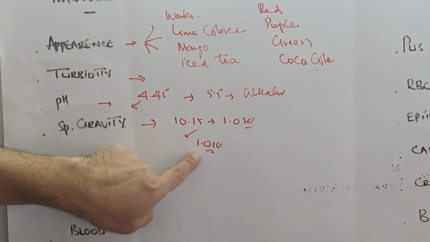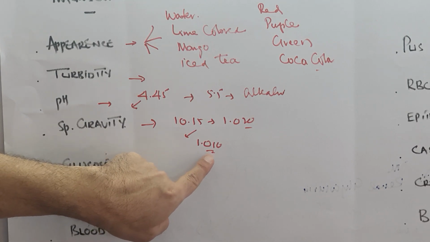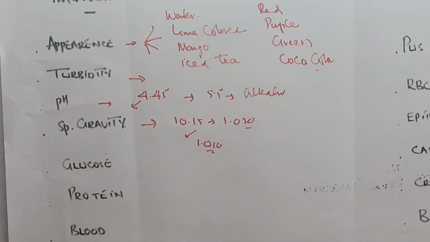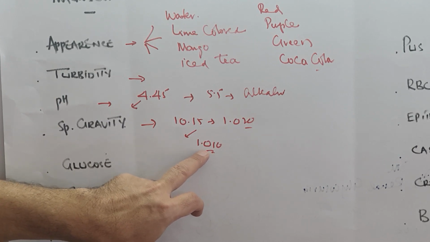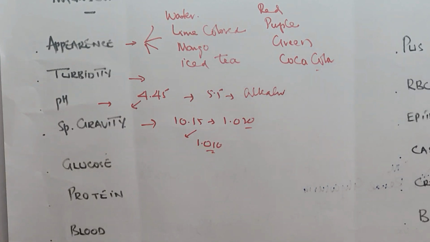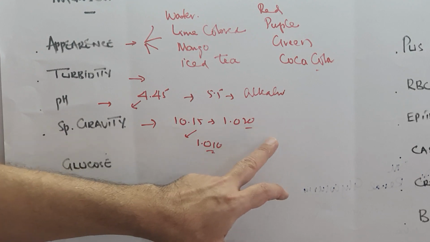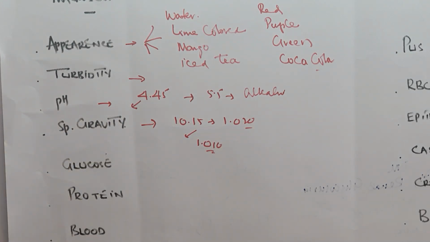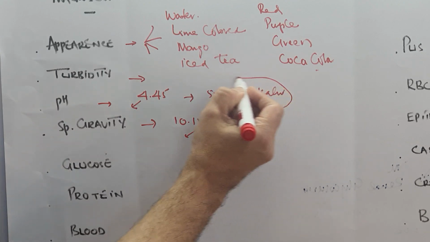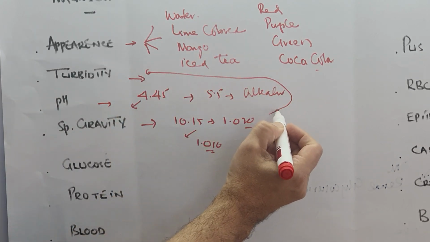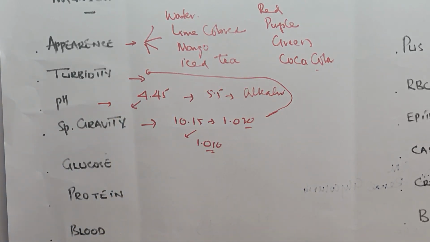And so therefore this can go with either the person is drinking too much water or there is chronic renal failure, which has a specific gravity of 1.010. A specific gravity of 1.020 means that the person actually has probably got like a turbid urine, and so therefore this would once again go with excessive amounts of solute in the urine.